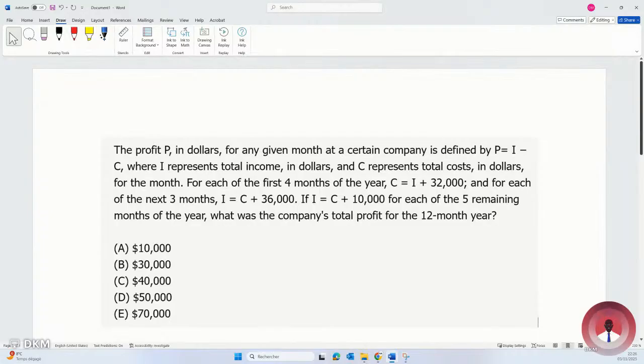The profit P in dollars for any given month at a certain company is defined by P equals I minus C, where I represents the total income in dollars, and C represents total costs in dollars as well.